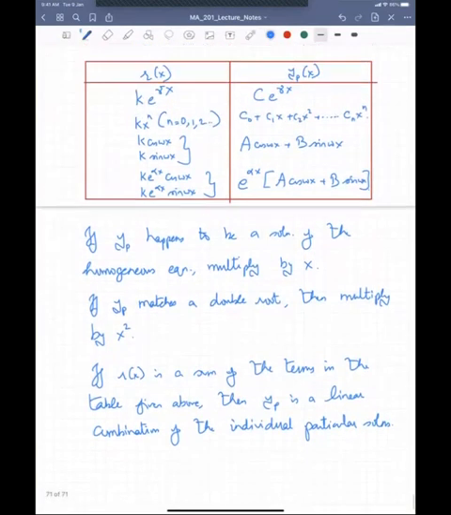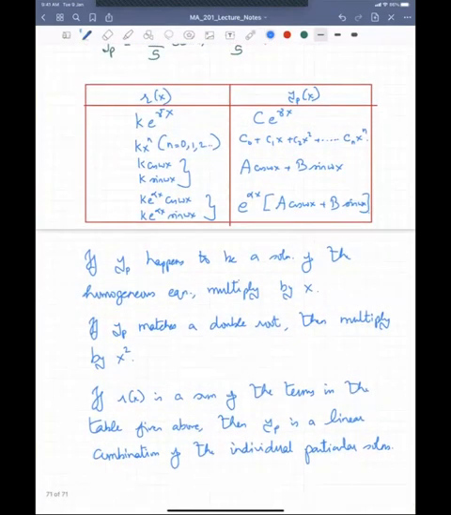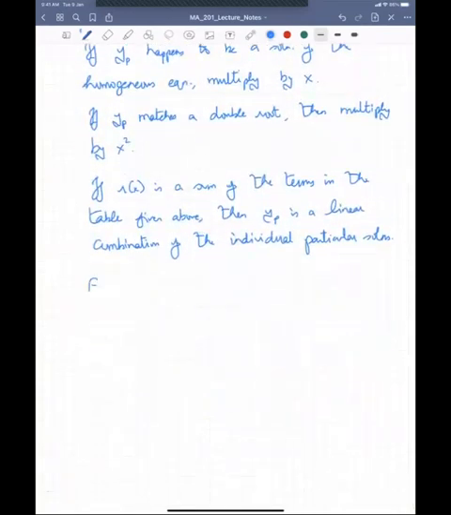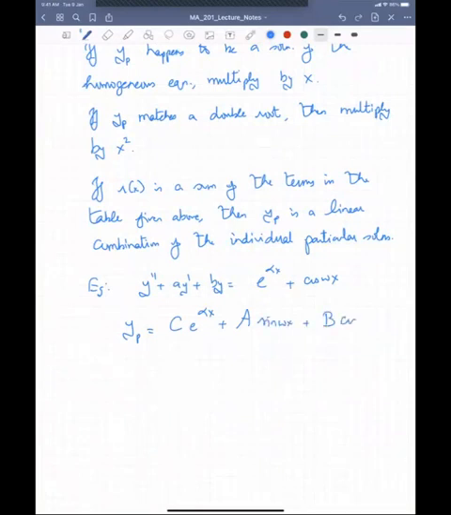In other words, if my r of x is e to the gamma x plus cosine omega x, for example, y double prime plus a y prime plus b y is e to the alpha x plus cosine omega x. In this case, the yp that I will try is some c e to the alpha x plus a sine omega x plus b cosine omega x. I'll fix a, b, and c by feeding it back into the differential equation and equating the coefficients of the various terms.